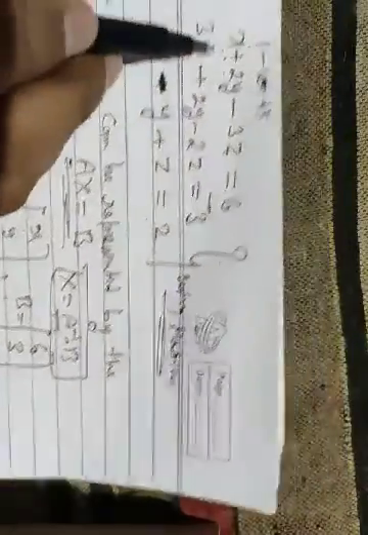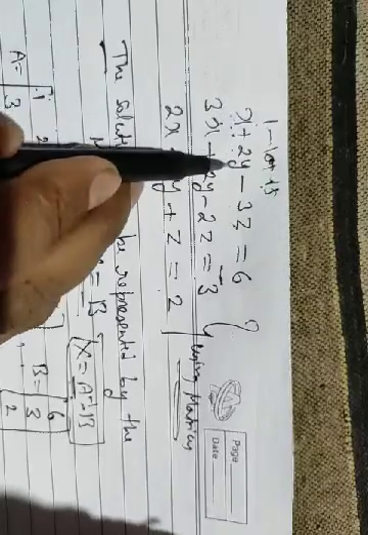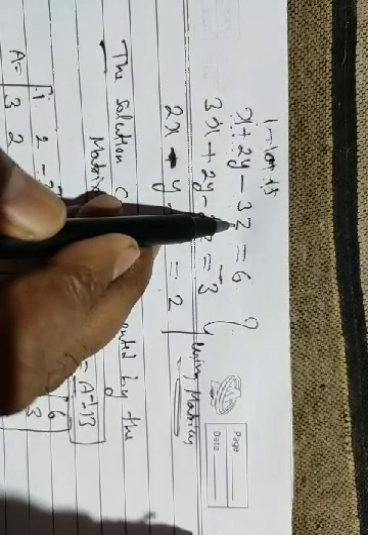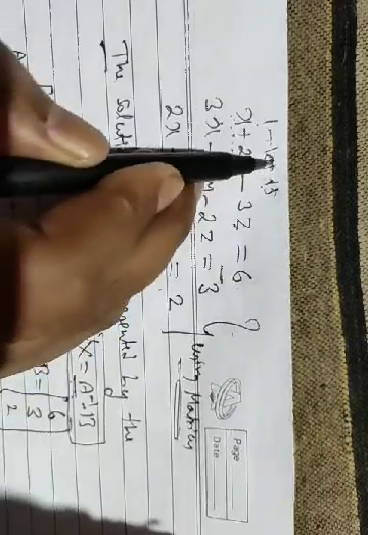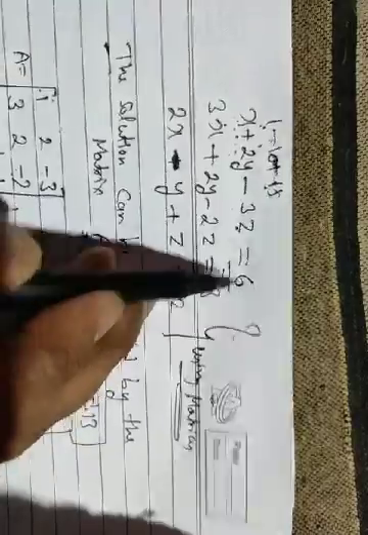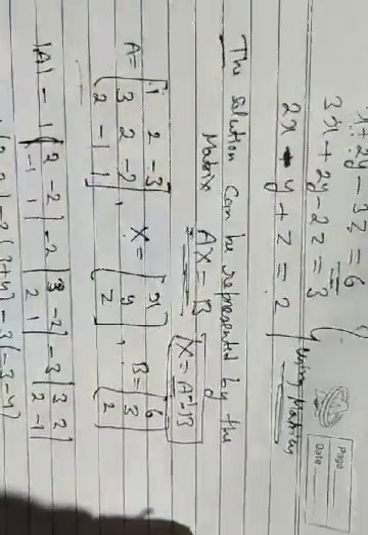Sorry, we verify our answer by putting x equal to 1, y equal to minus 5, z equal to minus 5 into the equations. x equal to 1, y equal to minus 5 into 2, minus 10, and z is also minus 5, then we get minus 5 into minus 3, plus 15, 15 plus 1 is 16, minus 10, we get 6 here.